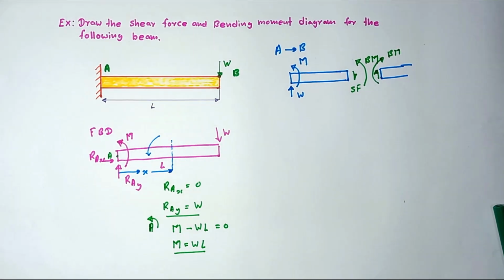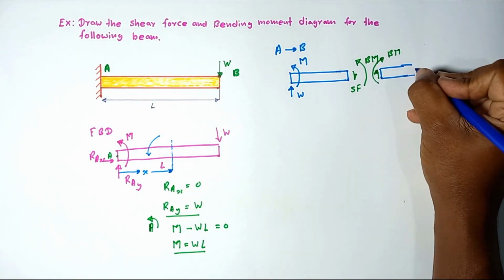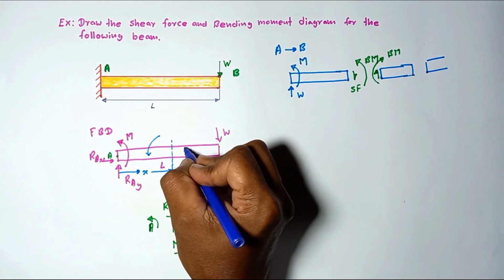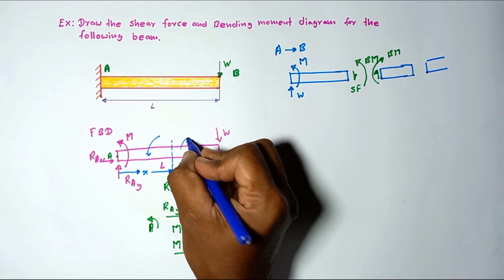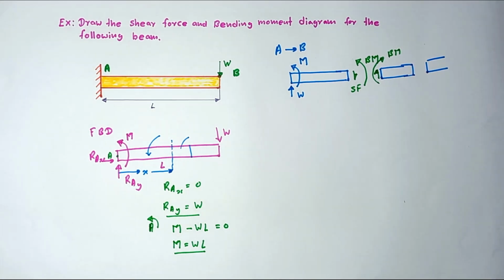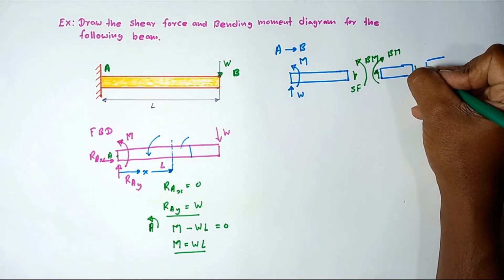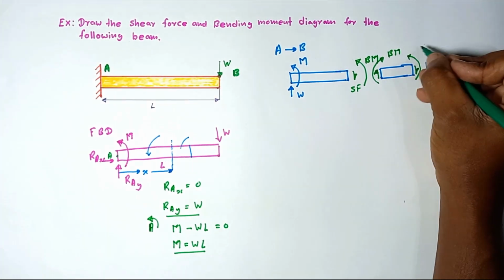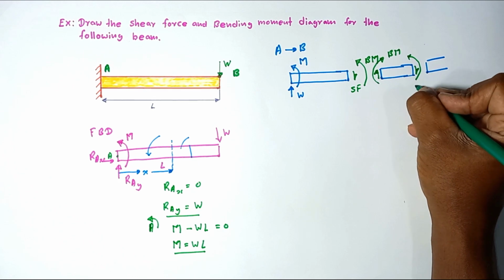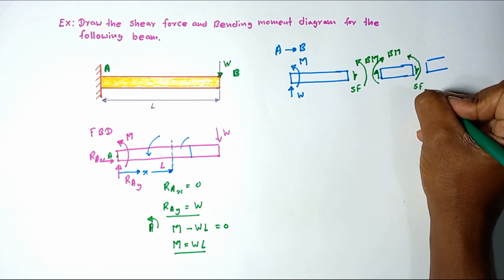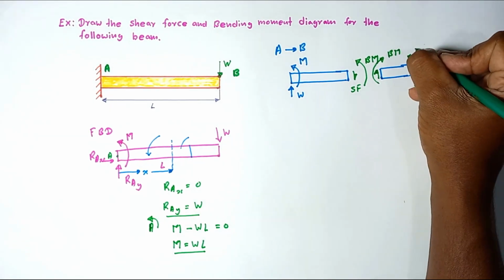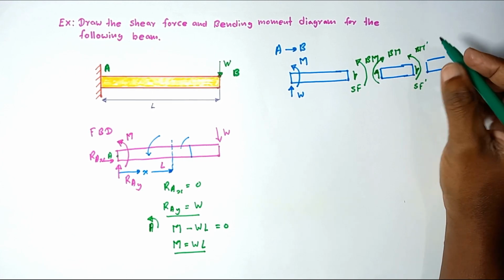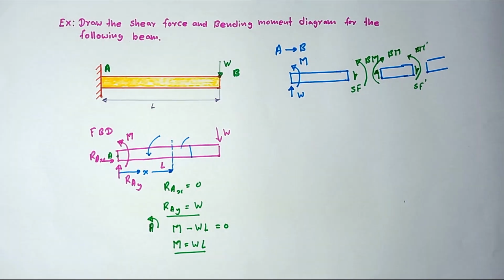Similarly, if we introduce another imaginary cut, this part is an intermediate beam segment. We can mark the shear force acting in the downward direction, then the bending moment. Let's take the shear force as V dash and the bending moment as M dash.